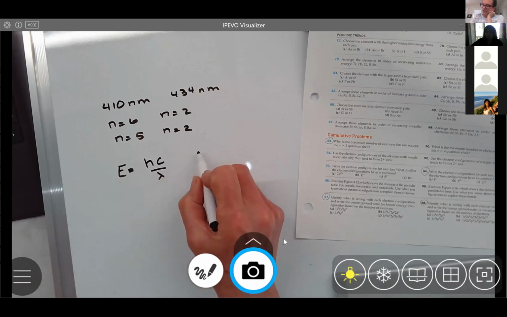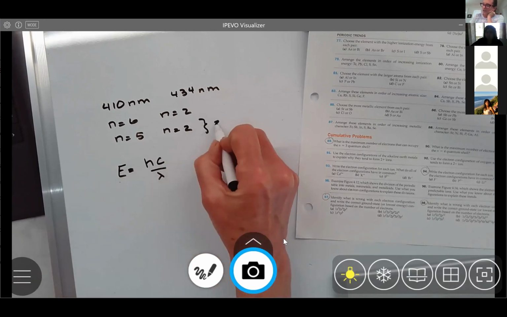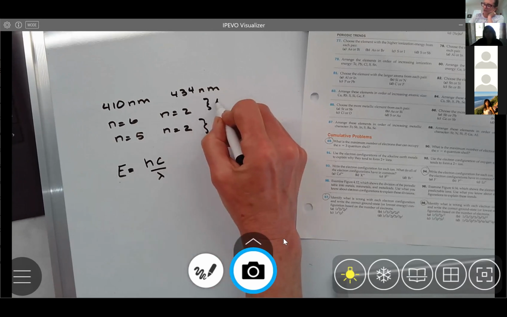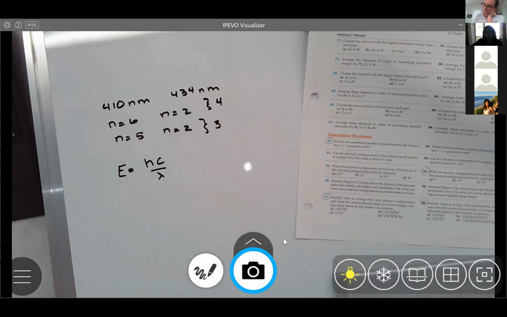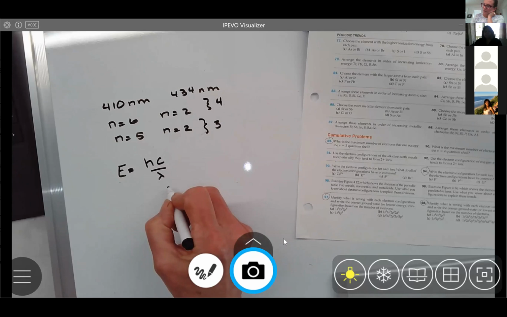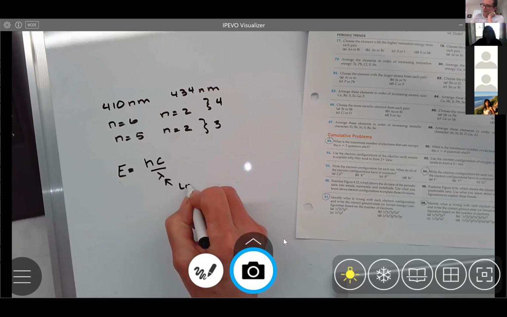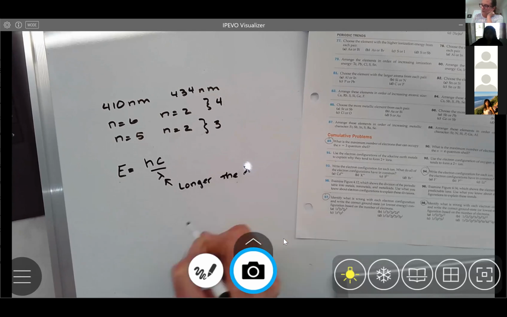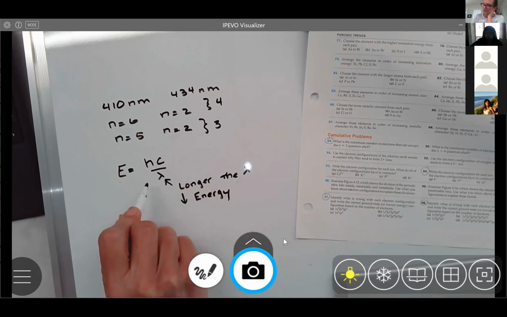One is a transition of 3 jumps, and one is an energy transition of 4 jumps. The longer the wavelength, the lower the energy, because lambda is in the denominator.